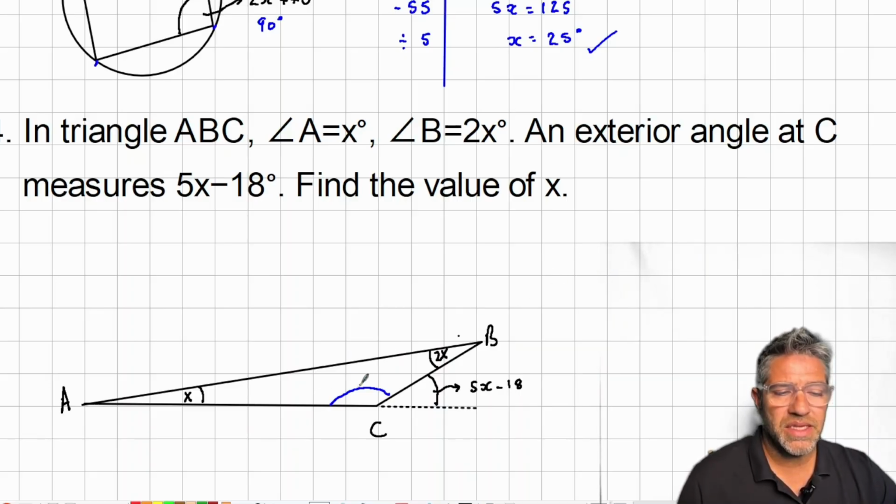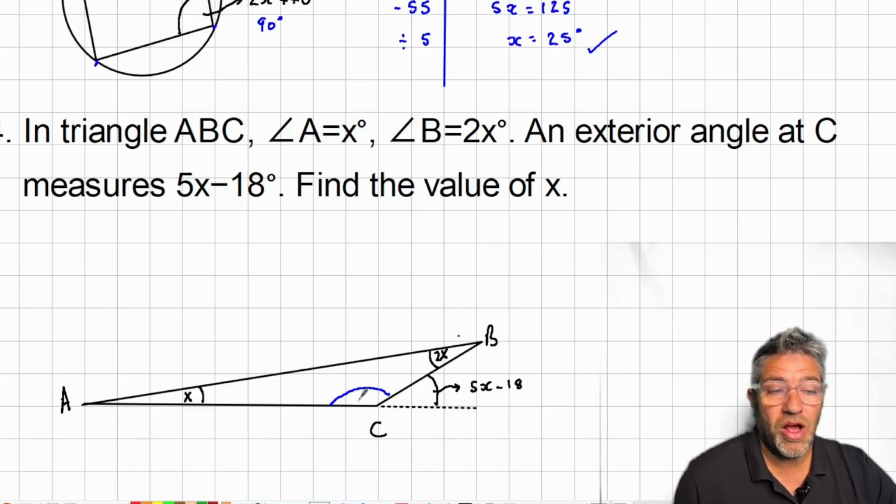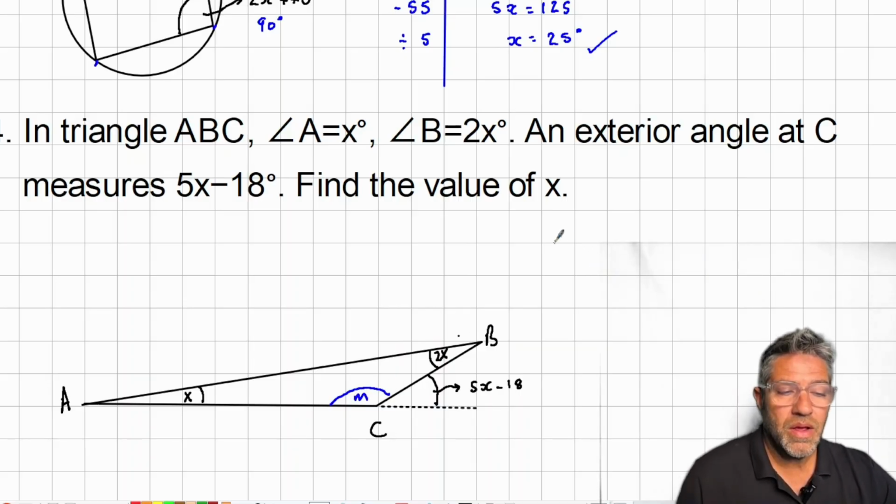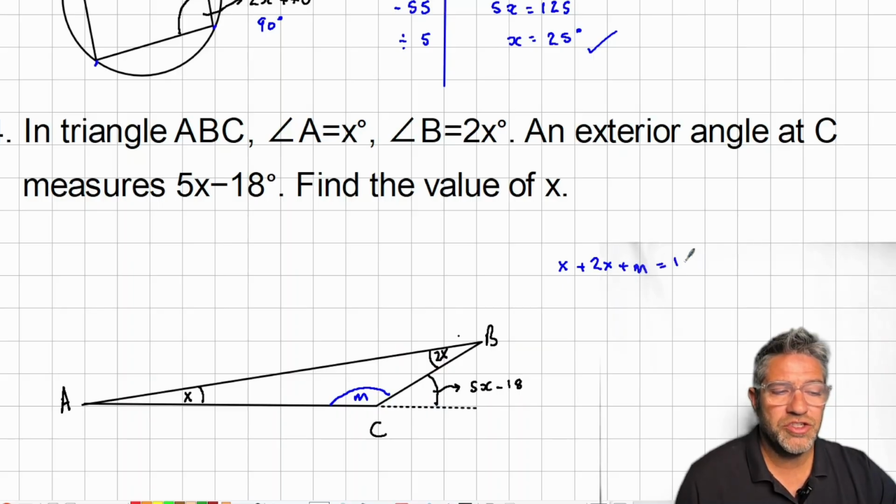So what we can say is if I label this angle here, I will label it M. Straight away we can say x plus 2x plus M equals 180.